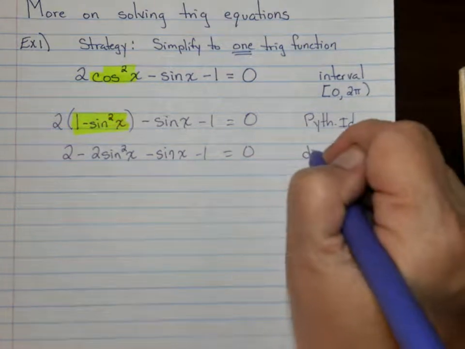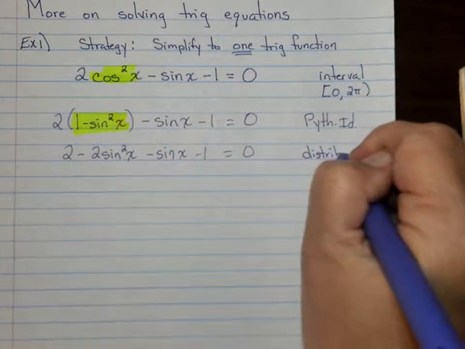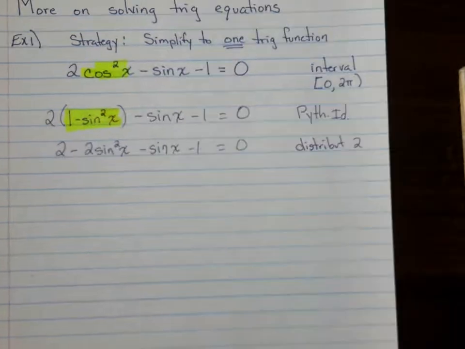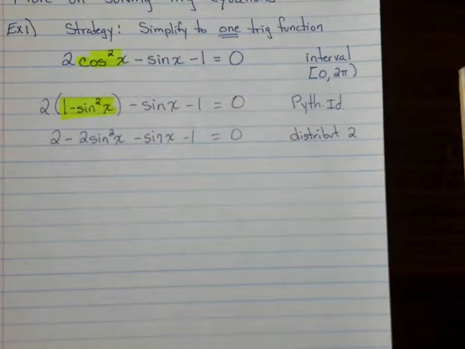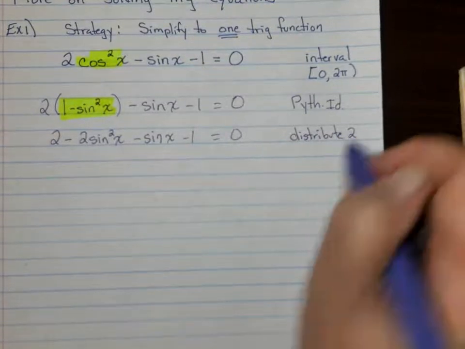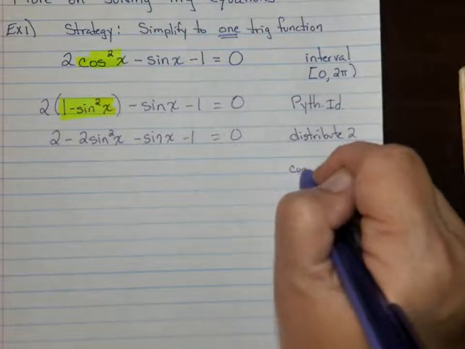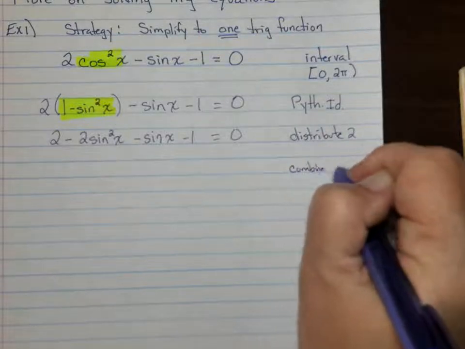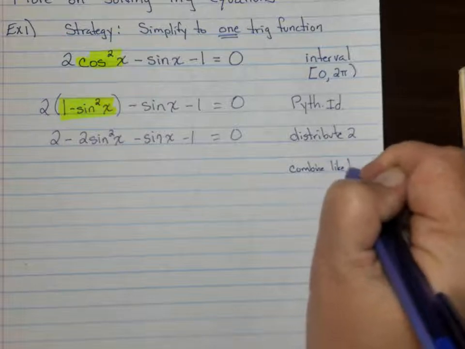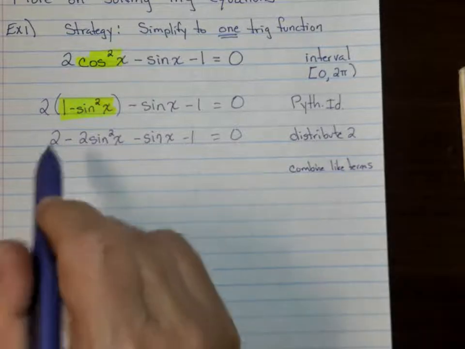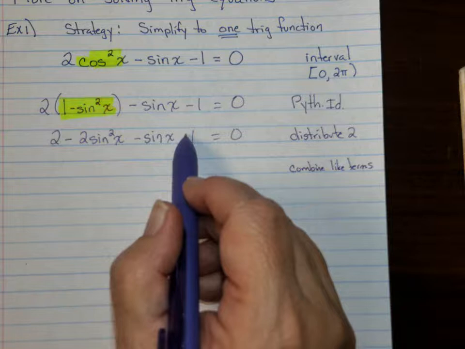So what did we do? We distribute the 2. Okay, next we're going to combine like terms. You'll see we have a 2 and a minus 1.